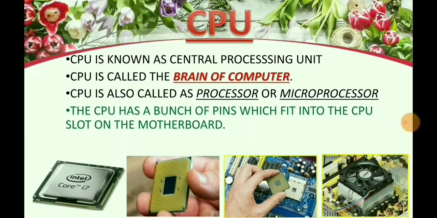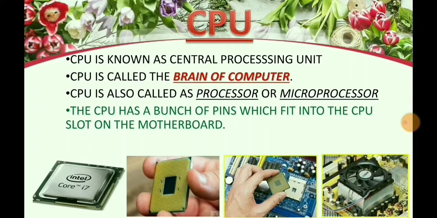This bunch of pins fit into the CPU slot on the motherboard. Dear children, this CPU produces a lot of heat, so we install a fan over this CPU so that it can take away the heat from the CPU.